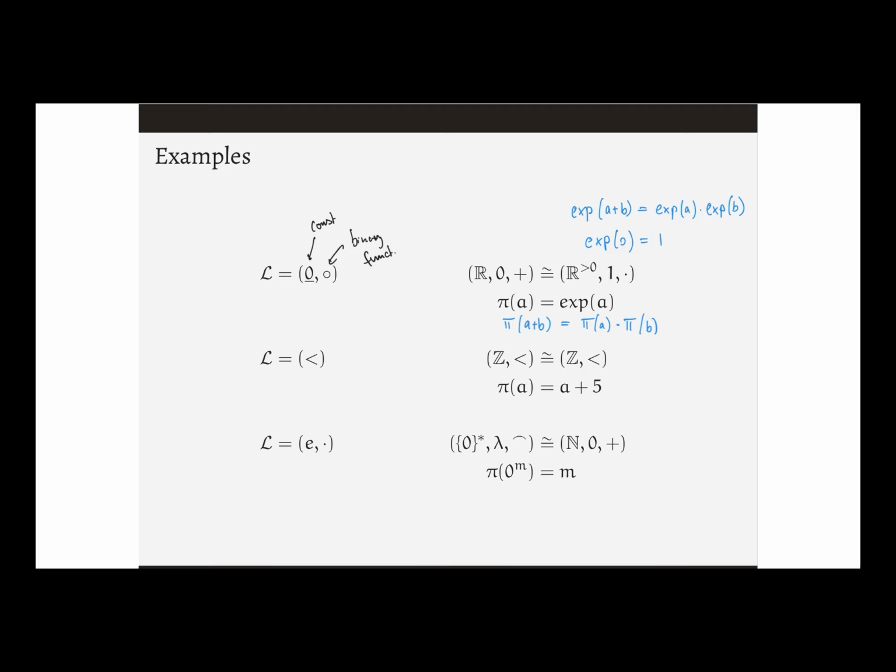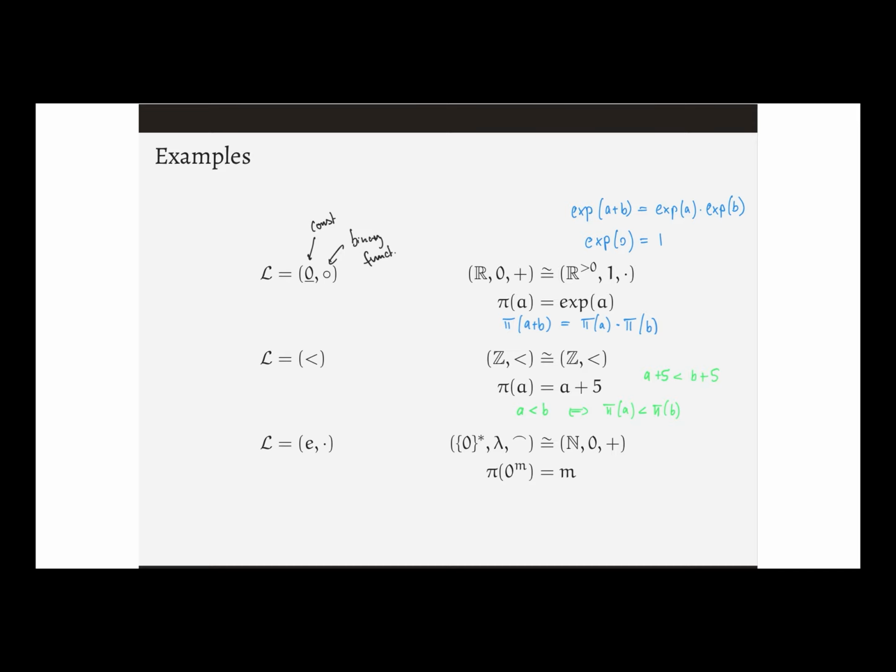So for our condition, we would need, for example, that a less than b holds if and only if pi of a less than pi of b holds, which here would be a plus 5 less than b plus 5. And you see that this condition is satisfied for this mapping.